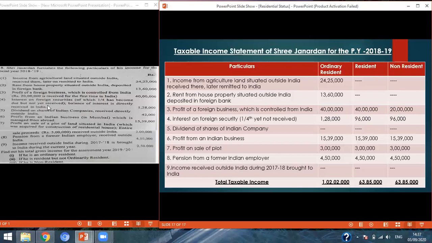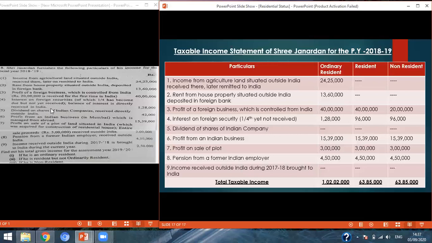Then the next point is interest on foreign securities, of which 1/4 has become due but not yet received. The balance of interest is directly received in India. 1/4 is due, so that due amount is not taxable for all. It is taxable only for ordinary resident.